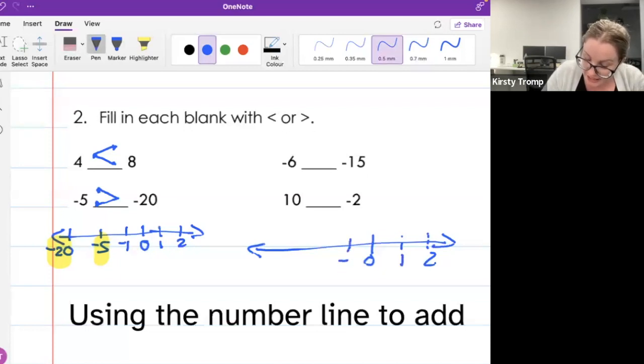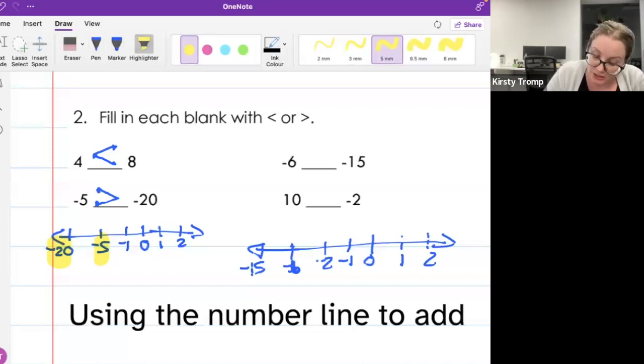So on this side, I've had -1, -2, and then I would go and get -6, and eventually I would get to -15. So if I'm looking at these two numbers, -6 and -15, which one, now let's do it from the right. Which one is on the right? Which one is further right?